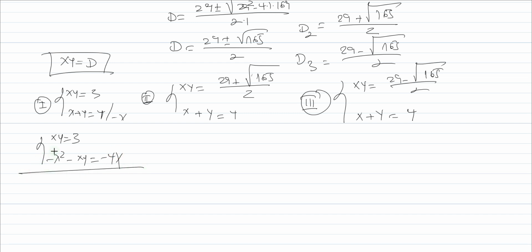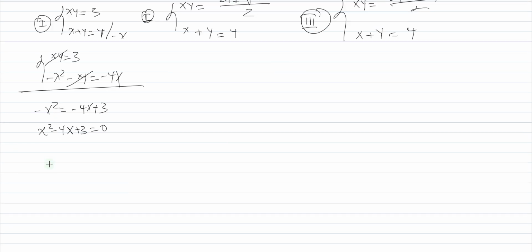I'm going to add the expressions side by side. This plus this, we're going to have xy canceling. We're going to have minus x squared equals minus 4x plus 3, and then moving everything to one side, we're going to have x squared minus 4x plus 3 equals 0, and this is pretty simple to solve.